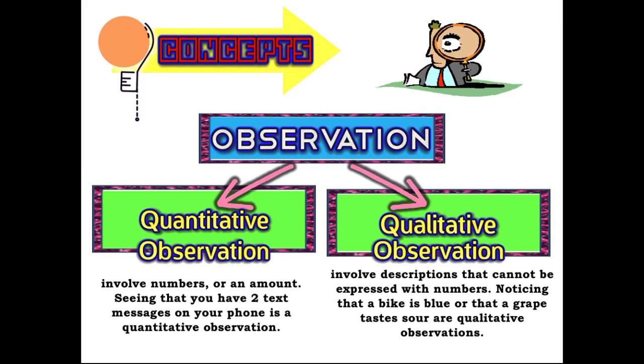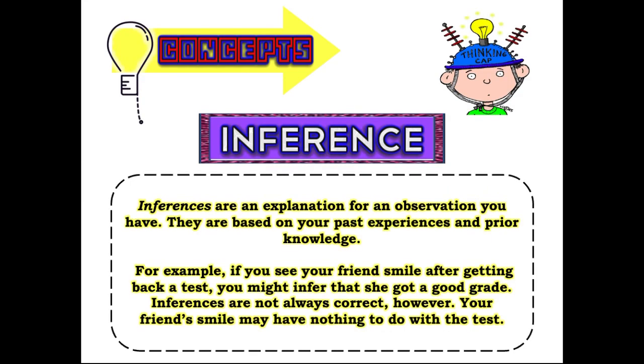For example, you have noticed that the bike is blue or that the grape tastes sour are examples of qualitative observations.